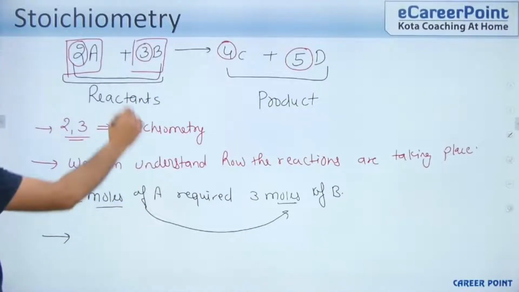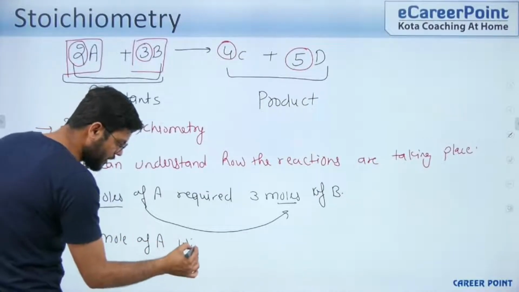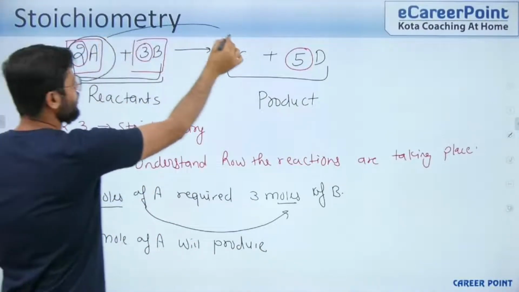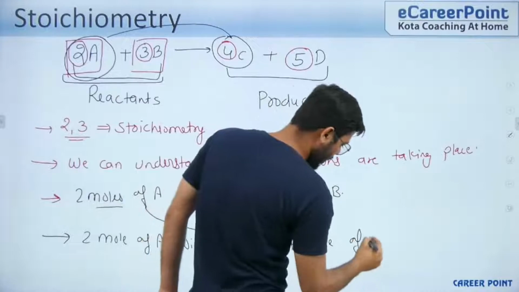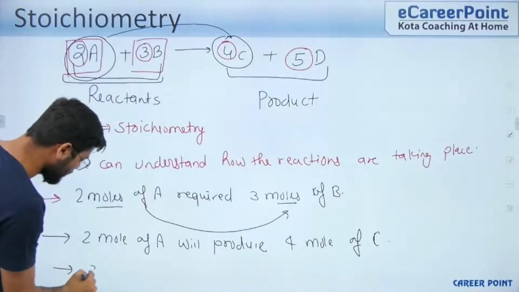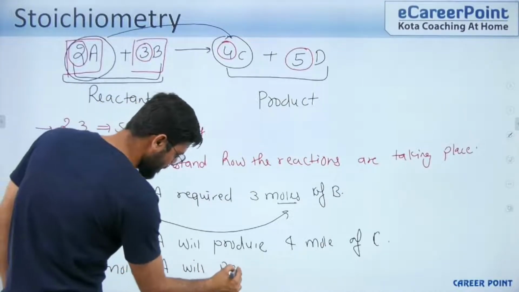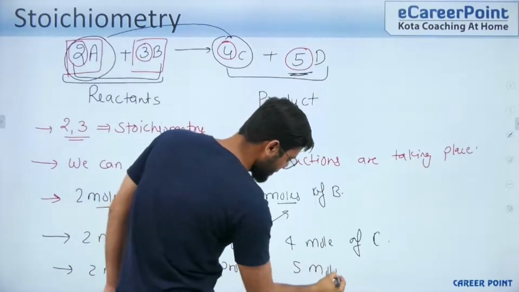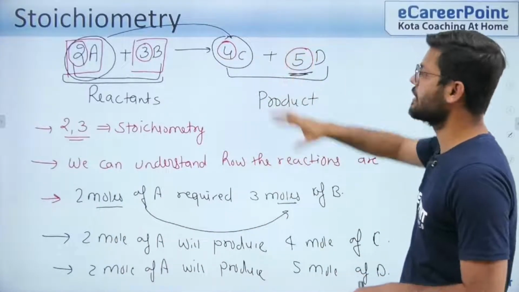I can have the information that 2 moles of A will produce 4 moles of C. Similarly, I can also write one more thing: that 2 moles of A will produce 5 moles of D. So these are the information which I can extract by looking into this reaction.